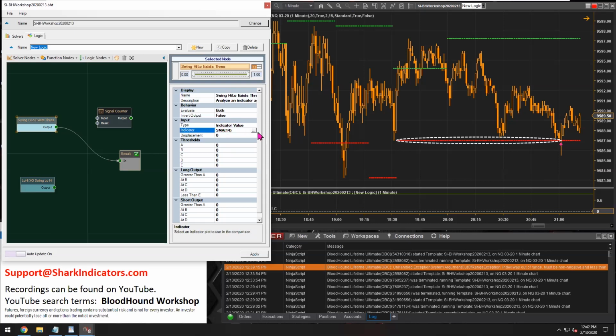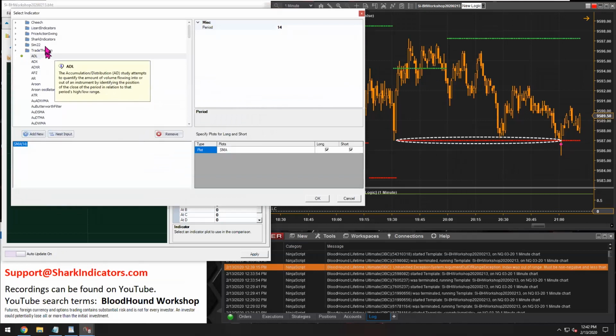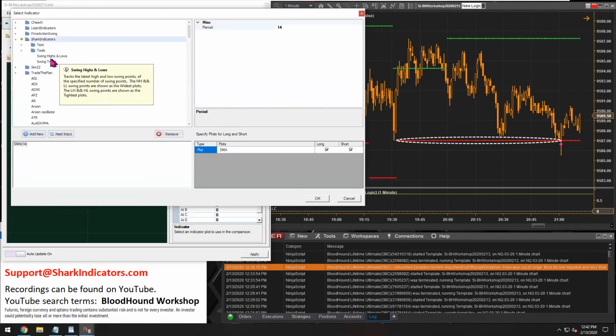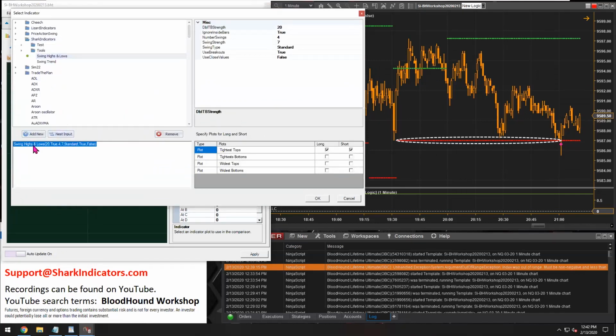So let's put our indicator in here. All right, there's the swing highs and lows. And again, remember to adjust our settings to match the chart, and what is tops, what is bottoms.